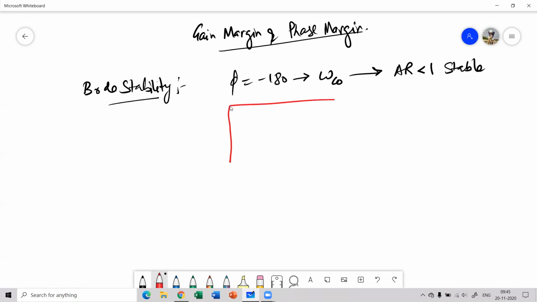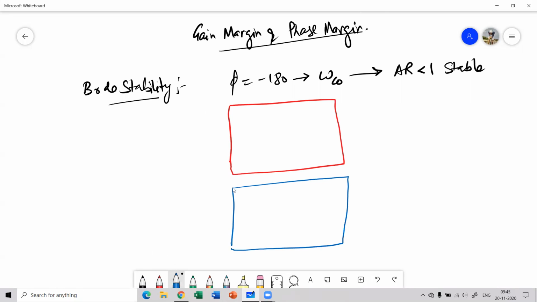Now, suppose we have a Bode plot and we have a phi plot. This is AR, this is phi, and let's say this is omega. Let's say this is the overall plot of AR and this is the overall plot of phi.